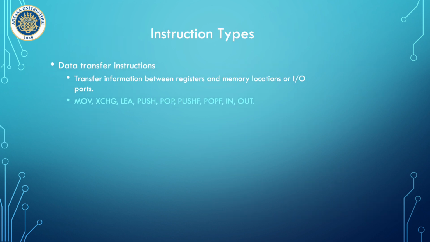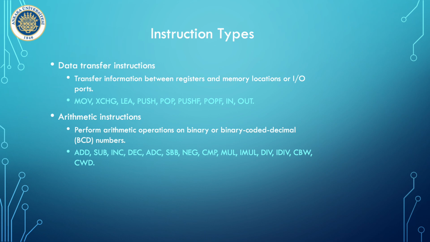Now I will talk about instruction types. Data transfer instructions transfer information between registers and memory locations or ports. And there are some example instructions under the explanation, as you see. The other instruction types are arithmetic instructions.